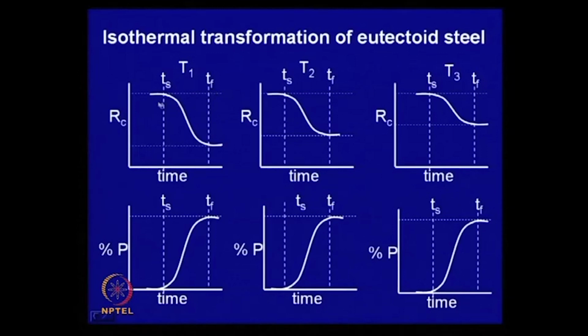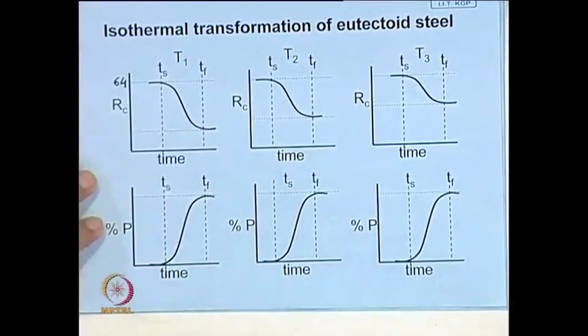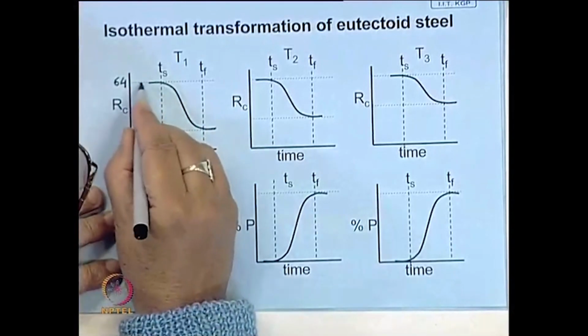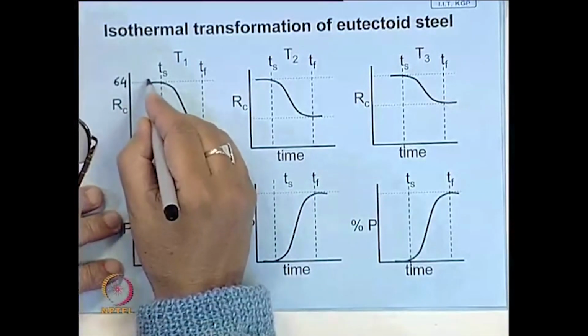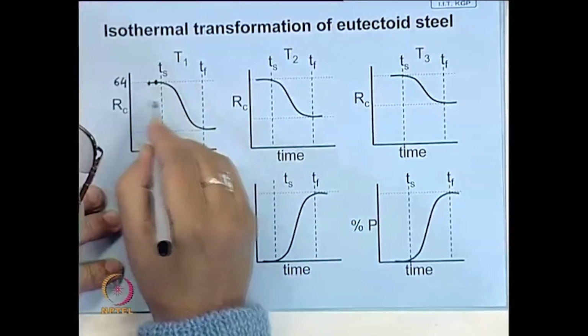In that case, what we have seen is that the first sample, when you quench after a certain time, gives the maximum hardness, which is around 64. Maybe the second sample also is 64.